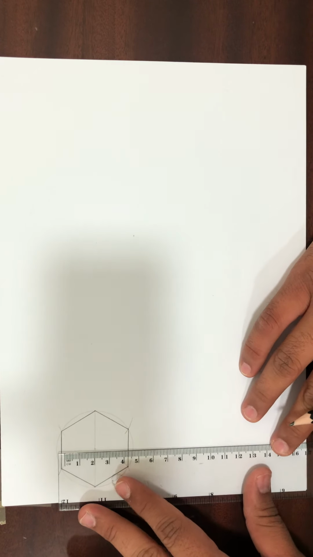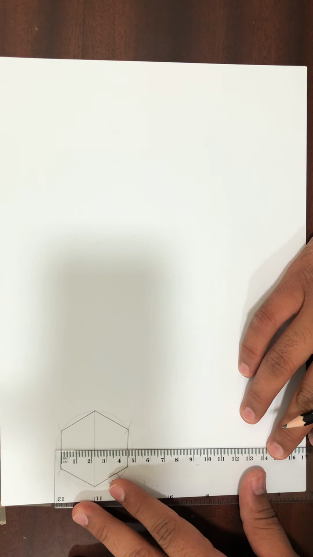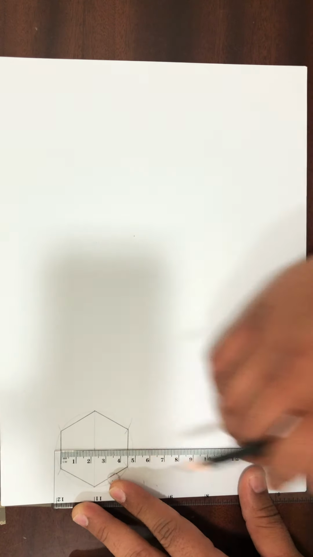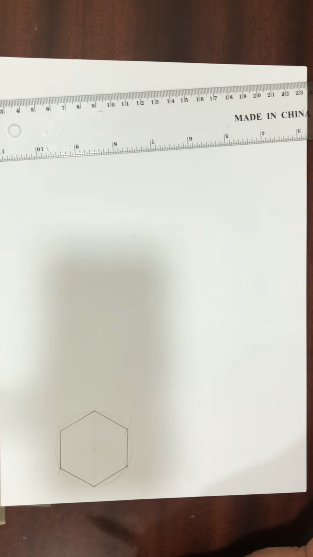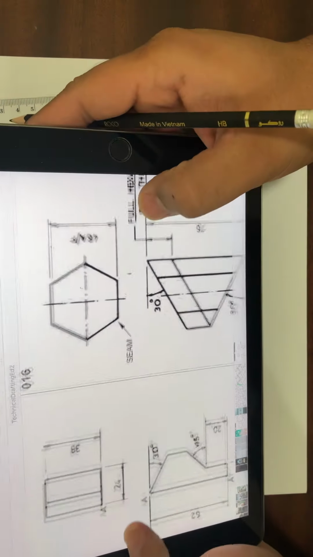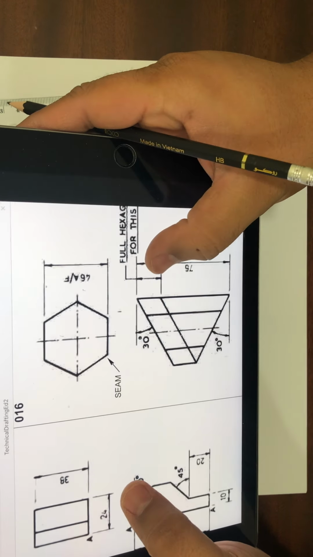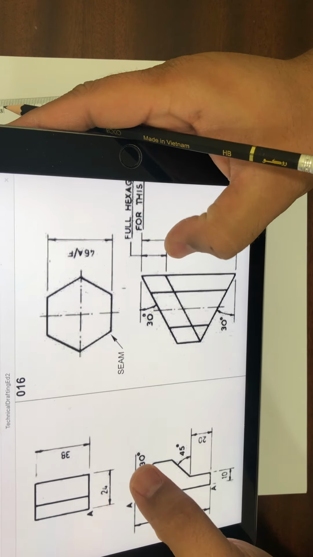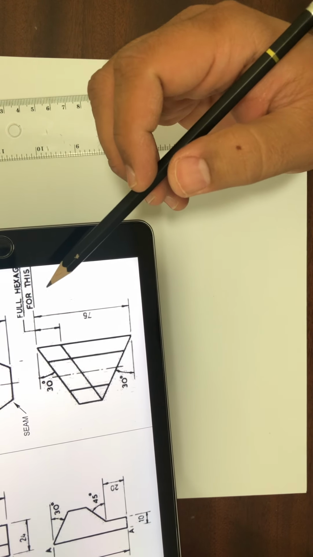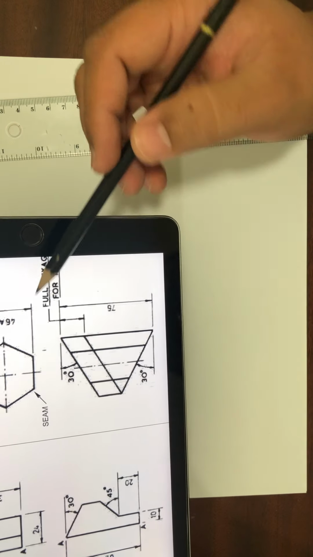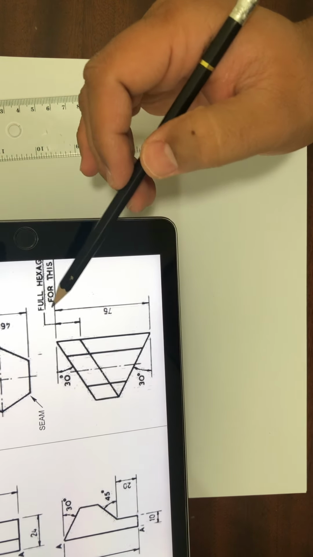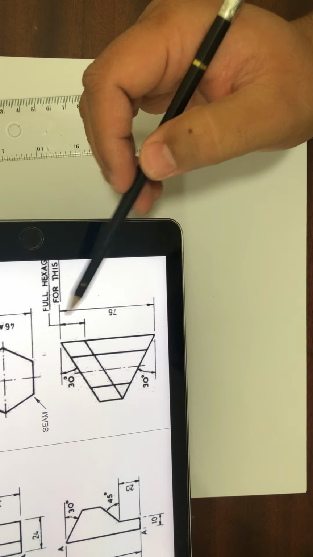Here if you see the distance between the vertical flats, it's almost 45. In the question it's given as 46. So 45 is near that value, so no problem. Now see the top view, we need to draw this top view. For this also we will apply the same formula. From this end, the height is how much?